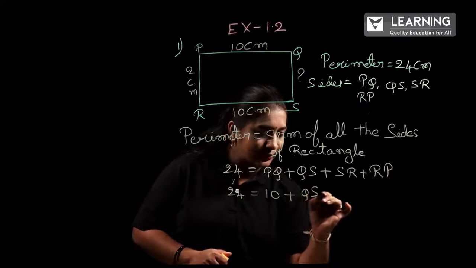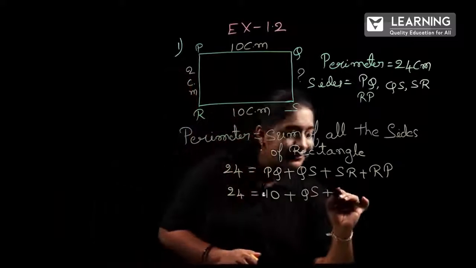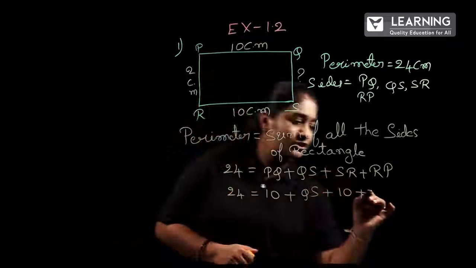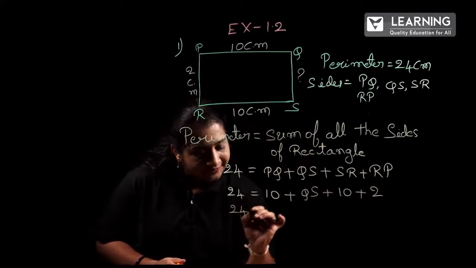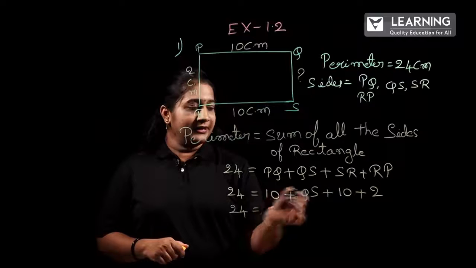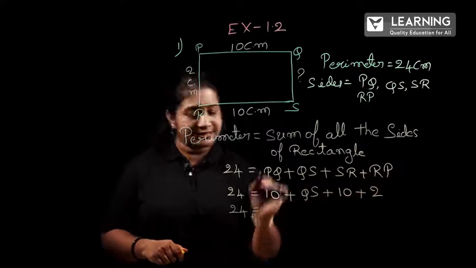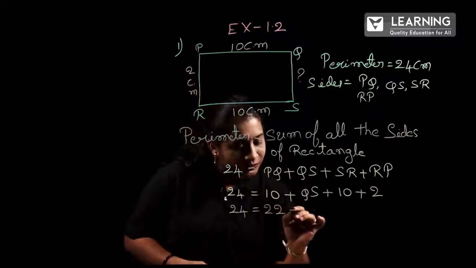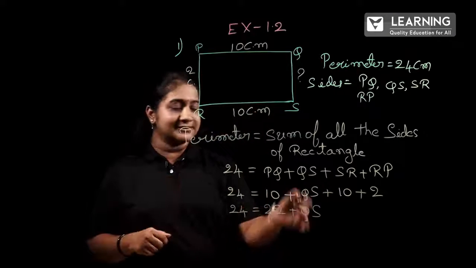So, write QS as it is and take the value of SR. SR is 10 centimeter plus RP. RP is 2 centimeter. So, 24 write as it is, then add all the values. 10 plus 10 is 20. 20 plus 2 is 22, right? And plus QS same.